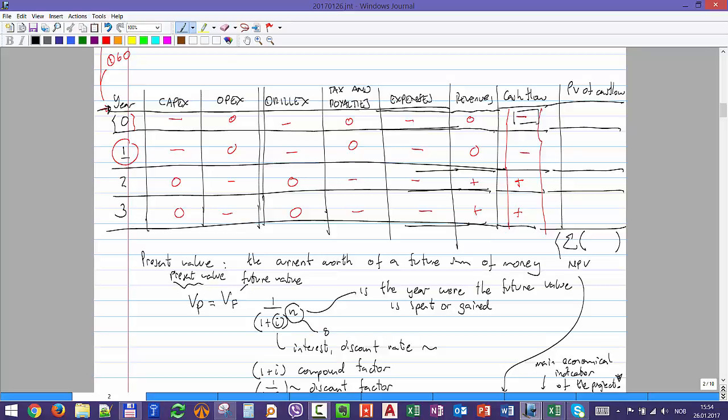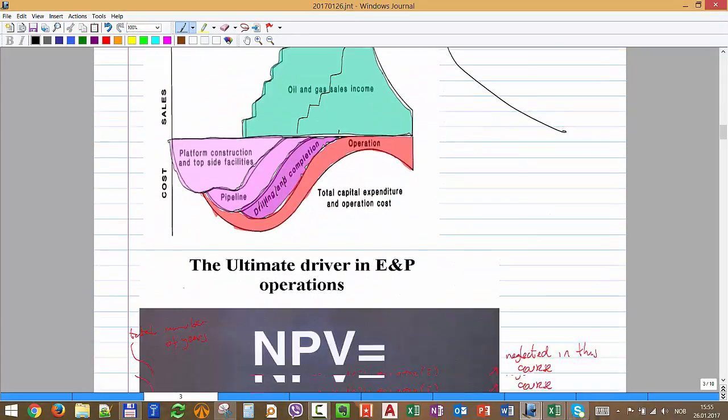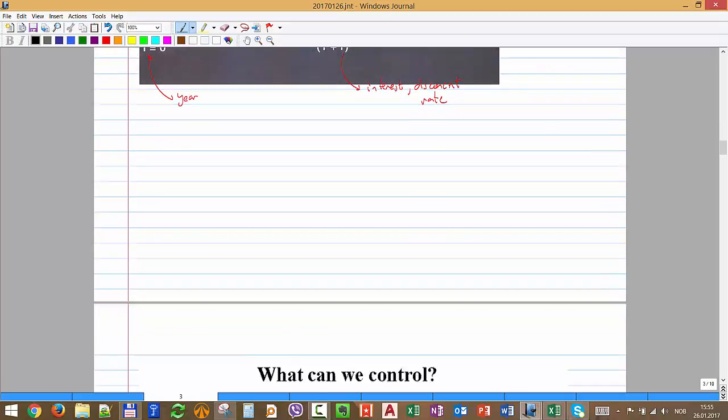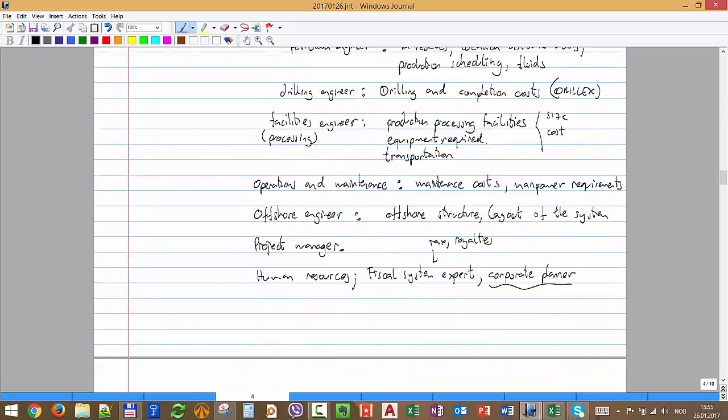Most important, we have to calculate the present value, because at the end we want to compound all of these numbers, but they have to be in the same reference. And for that we use the present value concept. Then we said there are two main indicators. The NPV: if it's positive, it's a very attractive, financially solid project. If it's negative, not attractive. And we have the internal rate of return.